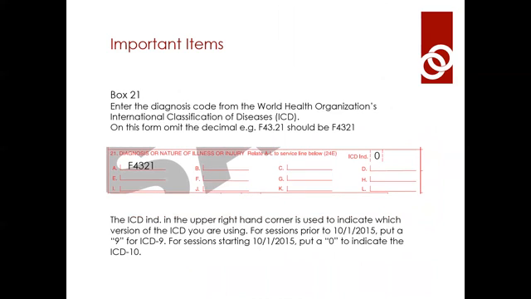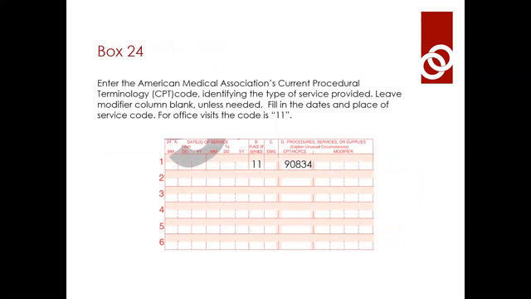This is where the World Health Organization's international classification of diseases will go. Please pay special attention to box 21. Another important item is box 24. Here, enter the American Medical Association's current procedural terminology code. This identifies the type of service provided.